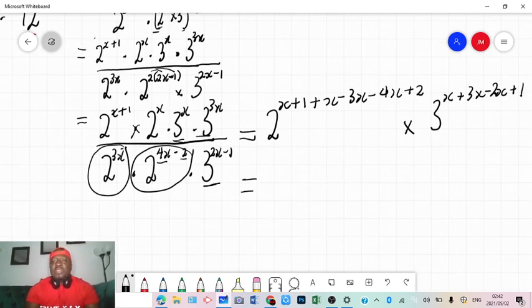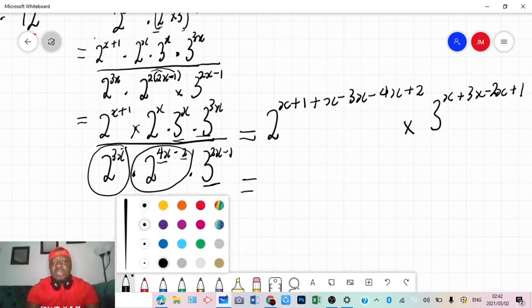At this moment, what I have here is to simplify the index by grouping like terms. So I do have x, 3x, and 4x. So x plus x will give me 2x. 2x minus 3x will give me negative x.